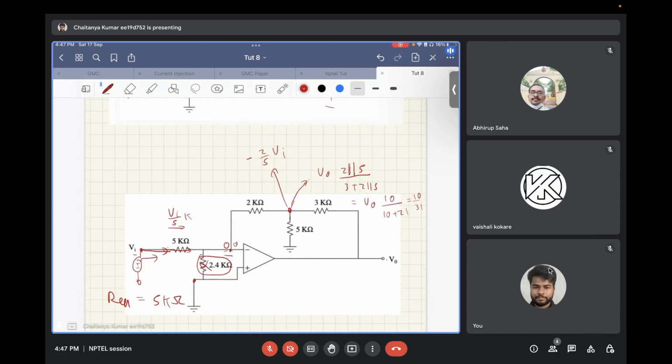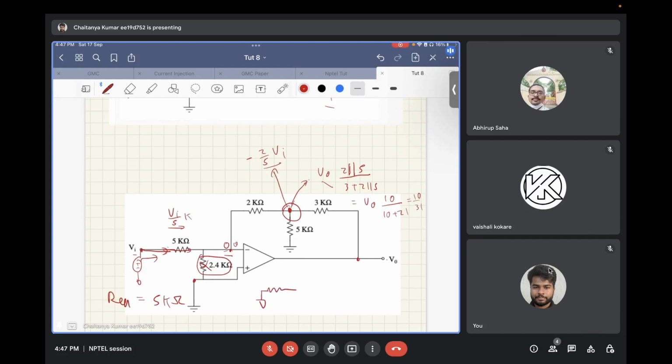First of all, we can equate the voltages with respect to input and with respect to output at this node. With respect to output, this voltage can be found out by this network.